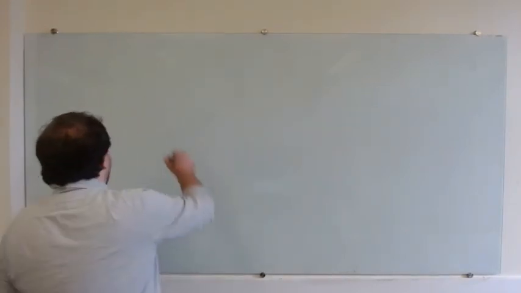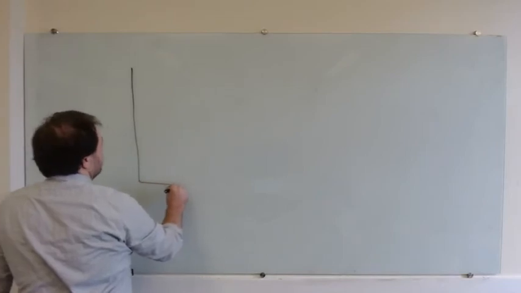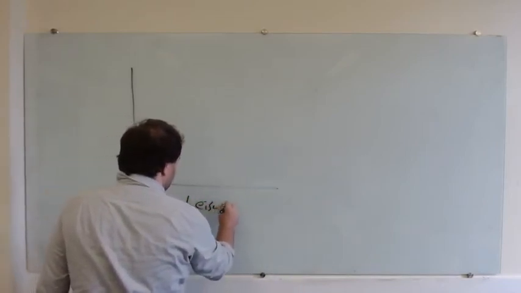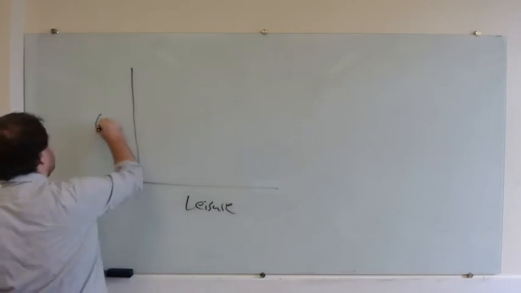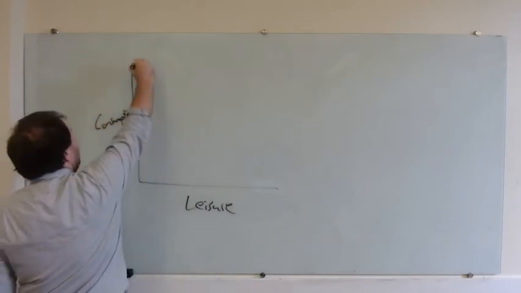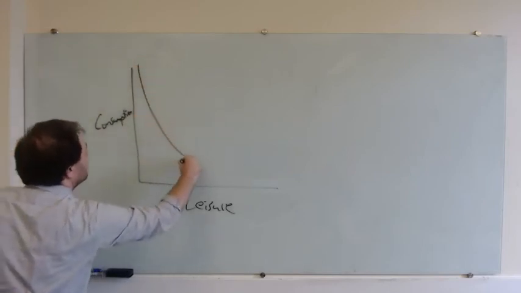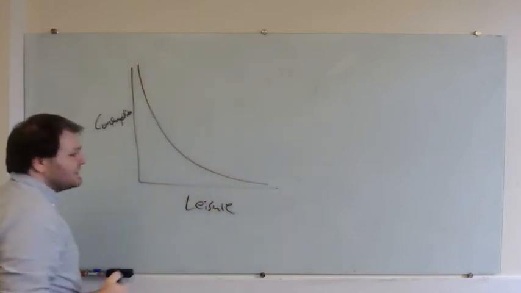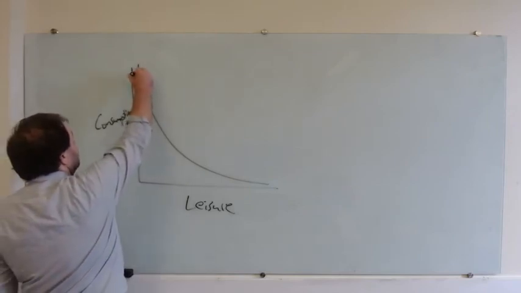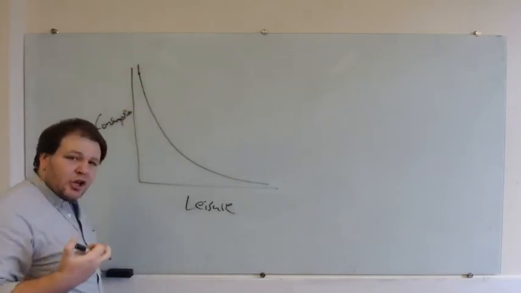So if we wanted to graph a typical indifference curve for leisure and consumption, we might expect it to look something like this, right? The reason is, if we're up here, we've got lots and lots of consumption and very little leisure.